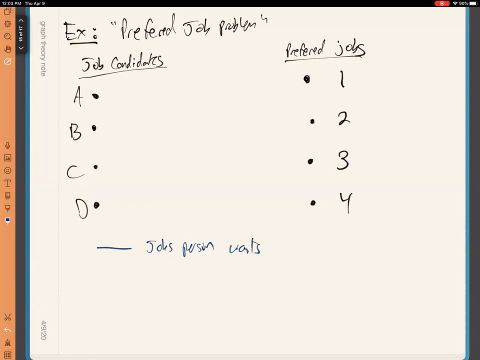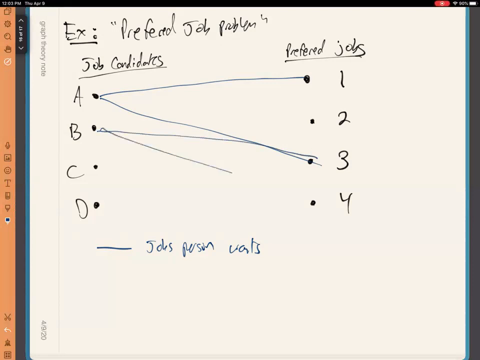So let's suppose person A likes job 1 and also likes job 3, and maybe person B likes job 3 and job 4, and say person C likes 1, 3, and 4. And then finally, let's say person D likes 2 and 1.